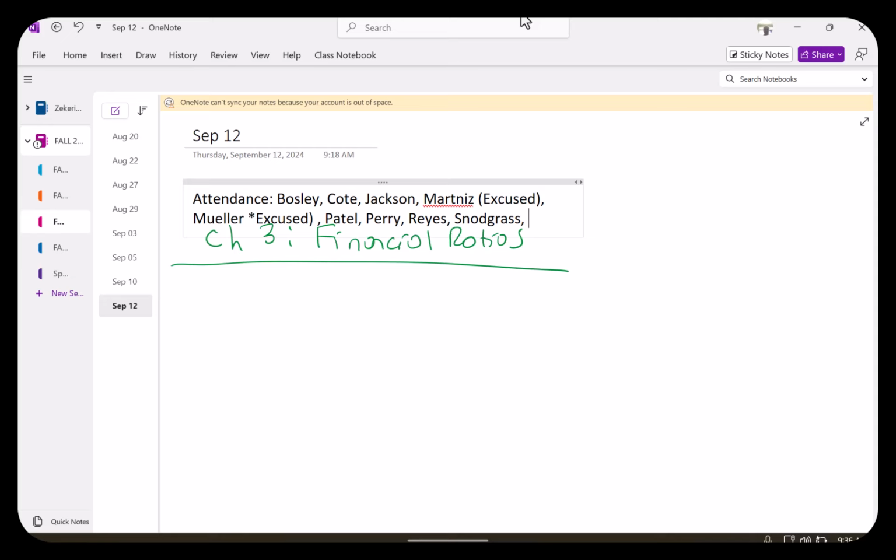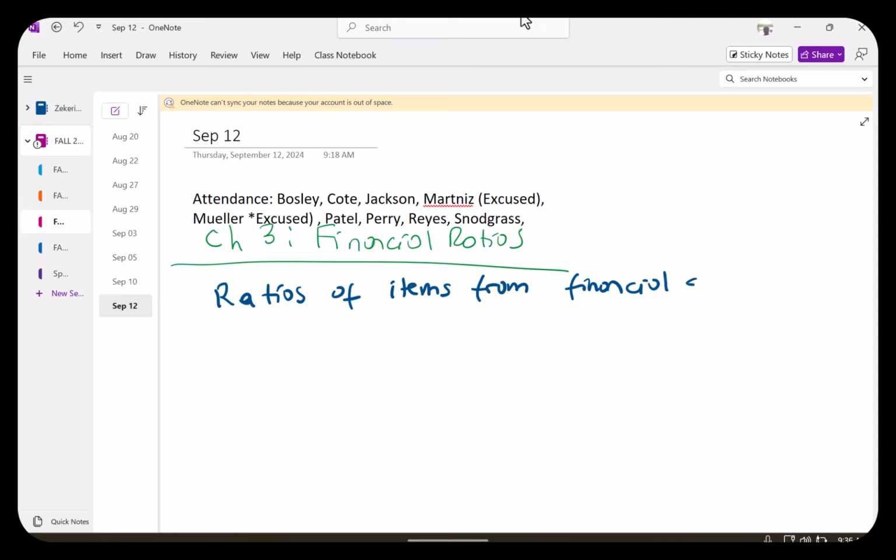Financial ratios are ratios of items from financial statements. Obviously, we can form any ratio we want.